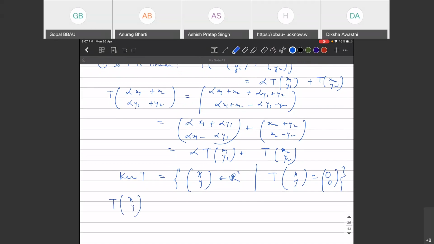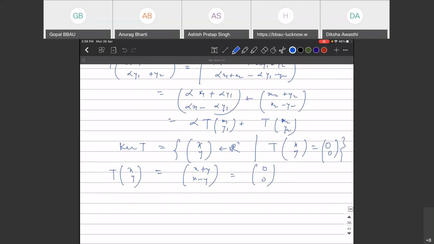T(x, y) is (x plus y, x minus y), and this is 0. So this implies x plus y equal to 0 and x minus y equal to 0. If you compute this, you will get x equal to 0 and y equal to 0.